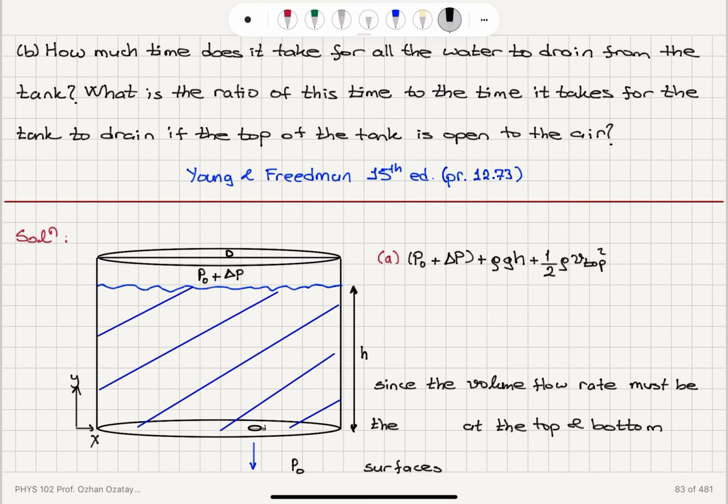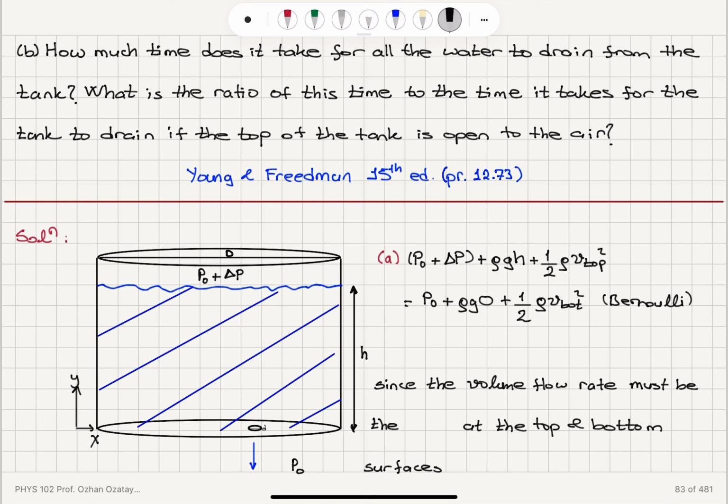This must be equal to the pressure at the bottom, outside pressure P0, plus we don't have any potential energy here because I'm taking this as the origin on the y-axis. So this is rho g 0, the potential energy term, plus, because it's draining, we have a bottom speed, 1/2 rho v bottom squared. This is the Bernoulli equation.